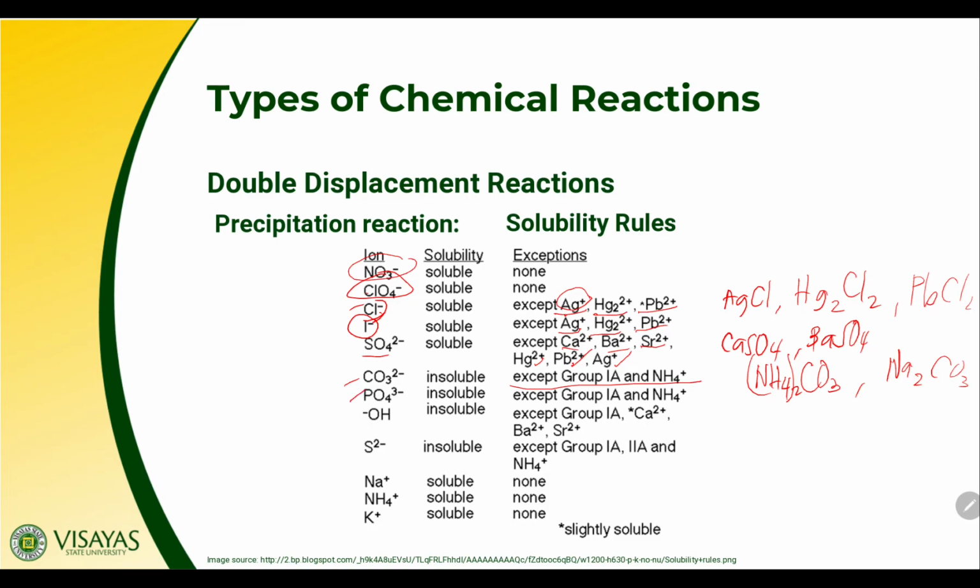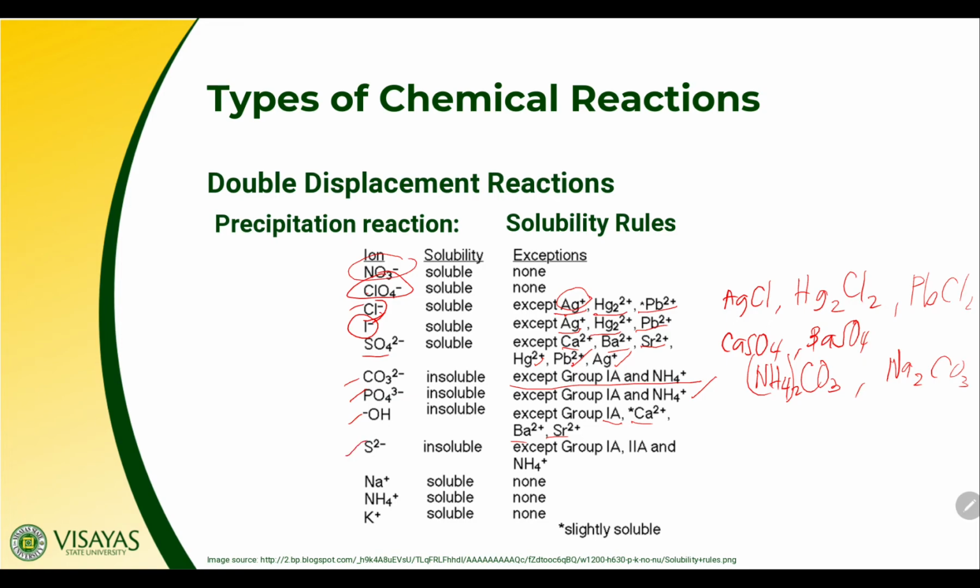Phosphates are also insoluble except when they are paired with group 1A and ammonium ion. So that's the same rule for carbonate. Hydroxides are also insoluble except when they are paired with group 1A, calcium, barium, and strontium ions.